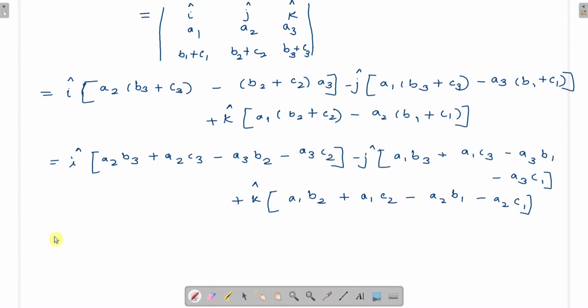Okay, so now what we will do is multiply this i cap to these two terms first. So what we will get is i cap into (a2 b3 minus a3 b2), then plus again i cap we will multiply to these two terms, so we get i cap (a2 c3 minus a3 c2).